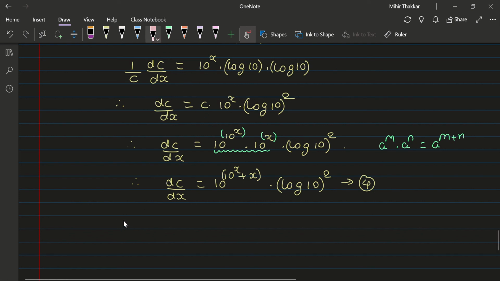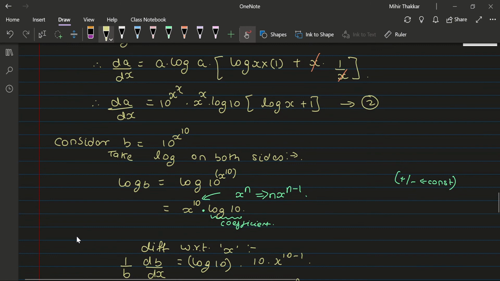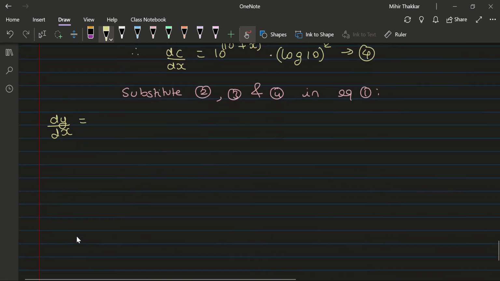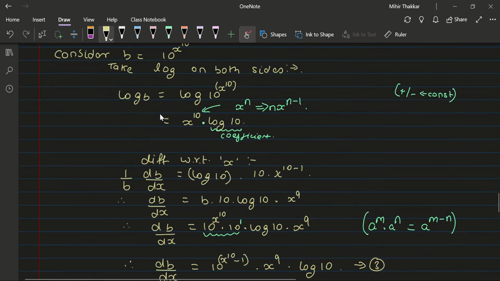Finally, we will say substitute 2, 3 and 4 in equation 1, and we get our value for dy by dx. Let us be very careful guys. Let us see what is the value of equation number 2 over there. It is 10 raised to x into x raised to x into log 10, and there were also some bracket terms. Let's check out.